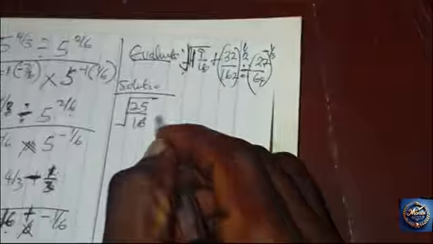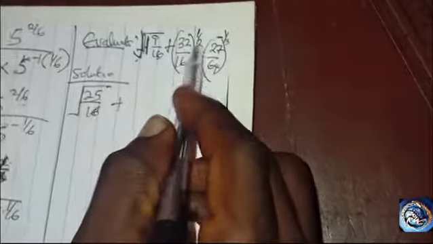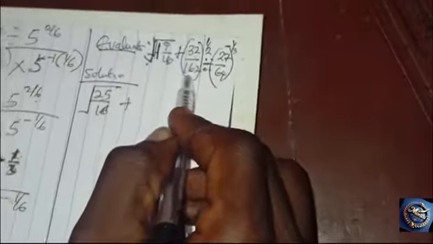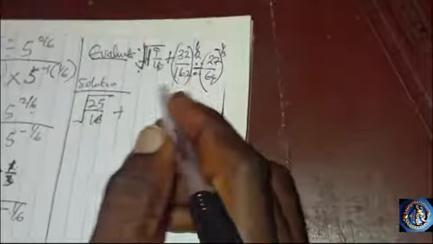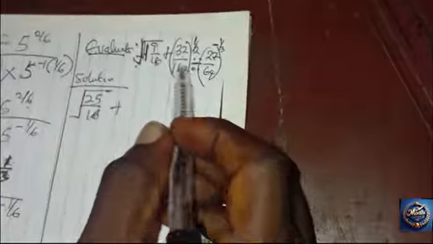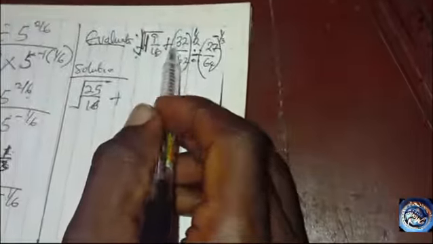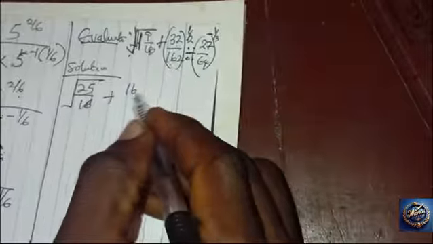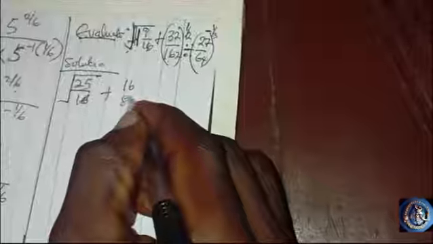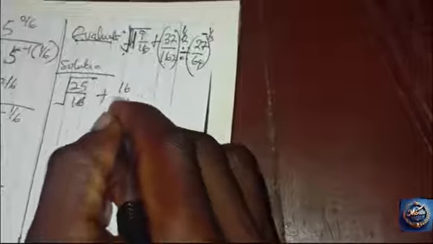So plus 32 over 162 raised to the power of half. Now before I raise to the power of half, I can divide this by 2. 2 in 32 will give me 16, and 2 in 162 will give me 81, raised to the power of half.